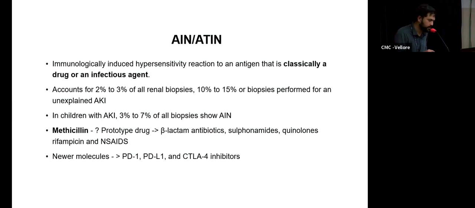NSAIDs are important because, unlike the other drugs, they can also have a nephrotic syndrome presentation, and it can occur after many months. The newer molecules are the programmed cell death ligand inhibitors, especially those used in hematology, and CTLA4 inhibitors.